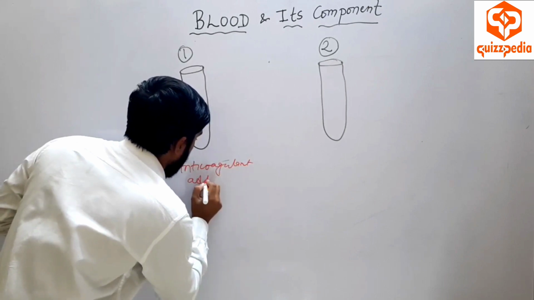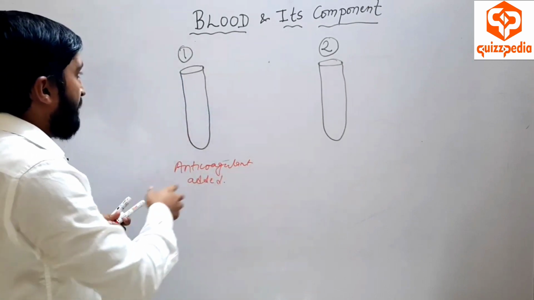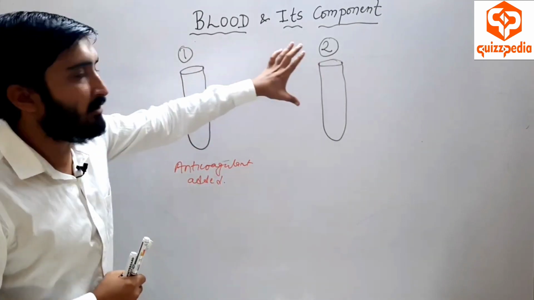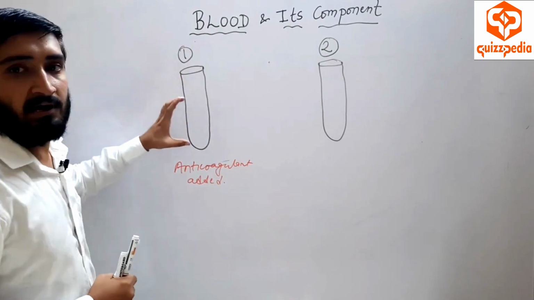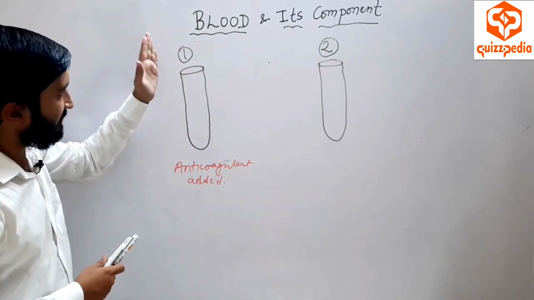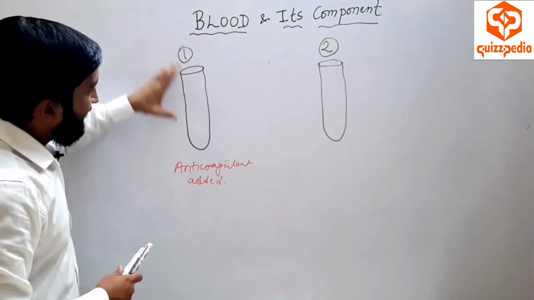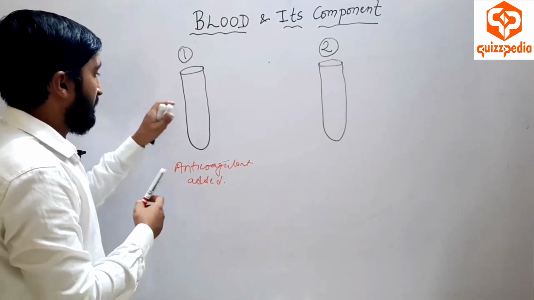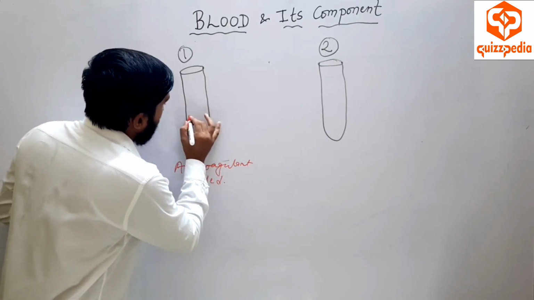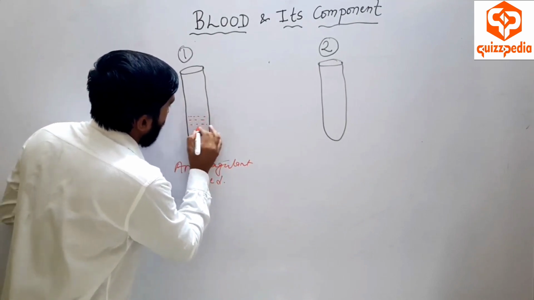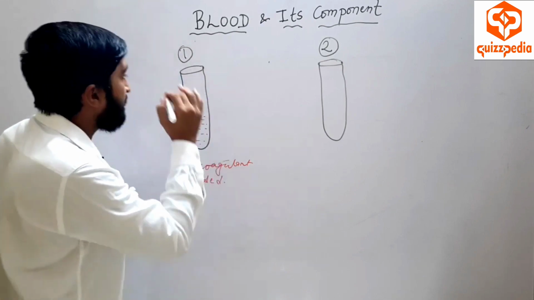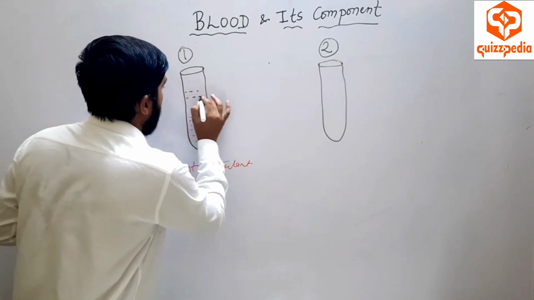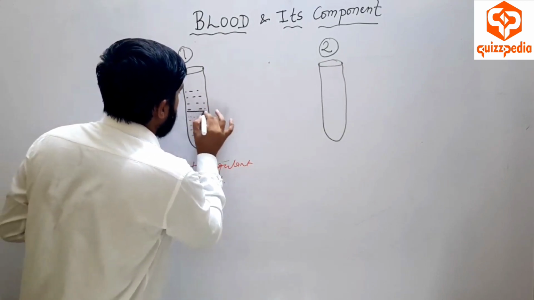In the second we are not adding any anticoagulant, and then we leave them undisturbed for some time. Then in test tube 1 the layers of blood elements form. The lower level is of RBC, because RBCs are heaviest and settle at the bottom, and the topmost layer is of plasma, and between these two is the buffy coat.